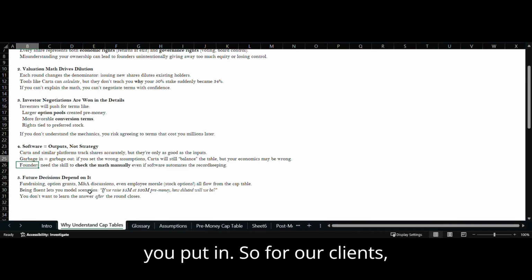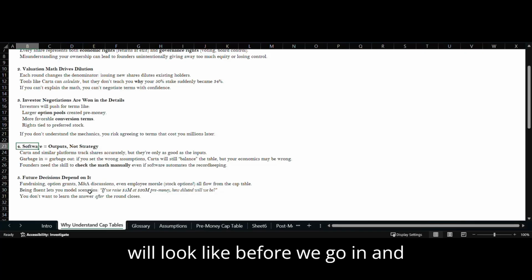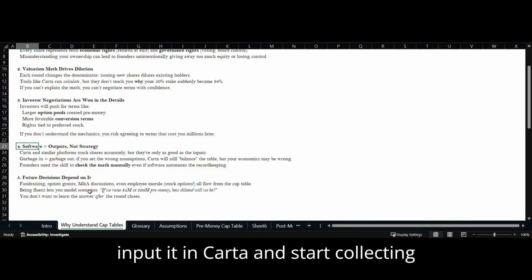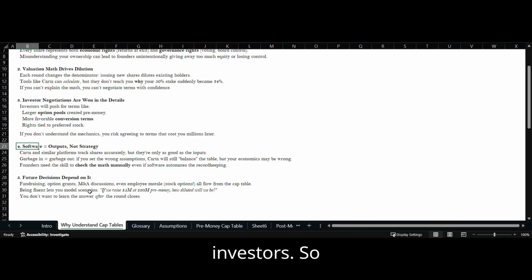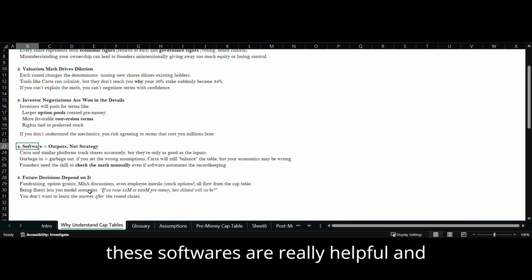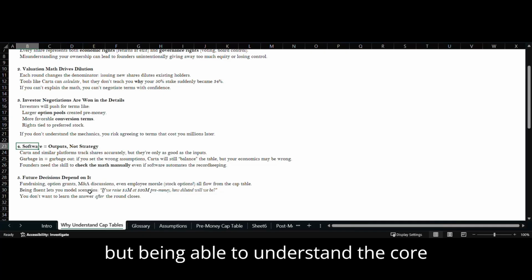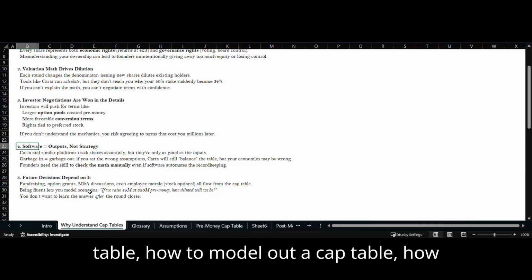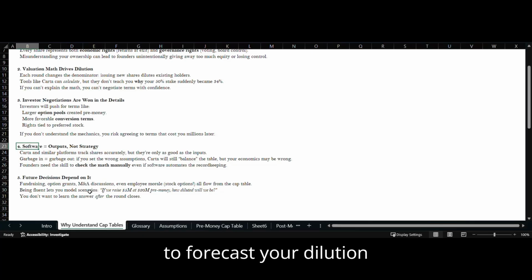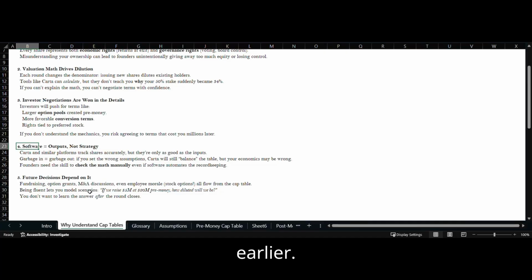So for our clients, we always model out what the cap table will look like before we go in and input it in Carta and start collecting signatures from their board or from their investors. So these softwares are really helpful and they have a lot of educational resources. But being able to understand the core concept, how to create a cap table, how to model out a cap table, how to forecast your dilution is going to help you be in strong negotiating positions, as I mentioned earlier.